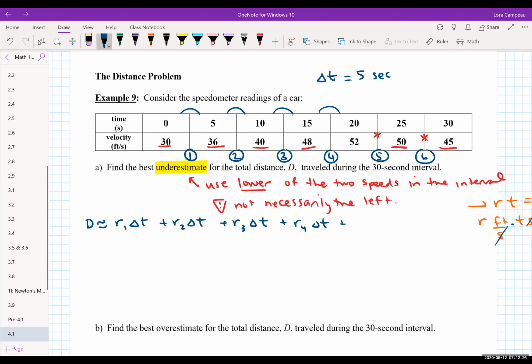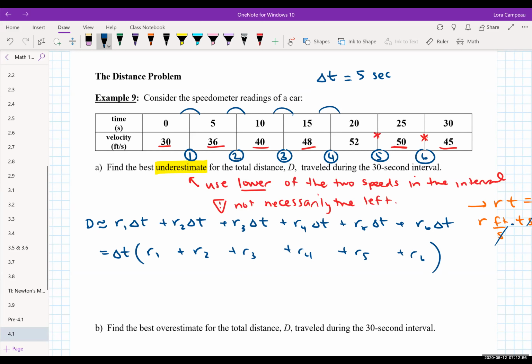Fifth, R5 delta t, and sixth, R6 delta t. Now, a lot of you are saying, okay, delta t, we're tired of writing that. Yes, that is true. We can factor that out. So we have R1 plus R2 plus R3 plus R4 plus R5, my hands are really tired right now, plus R6.